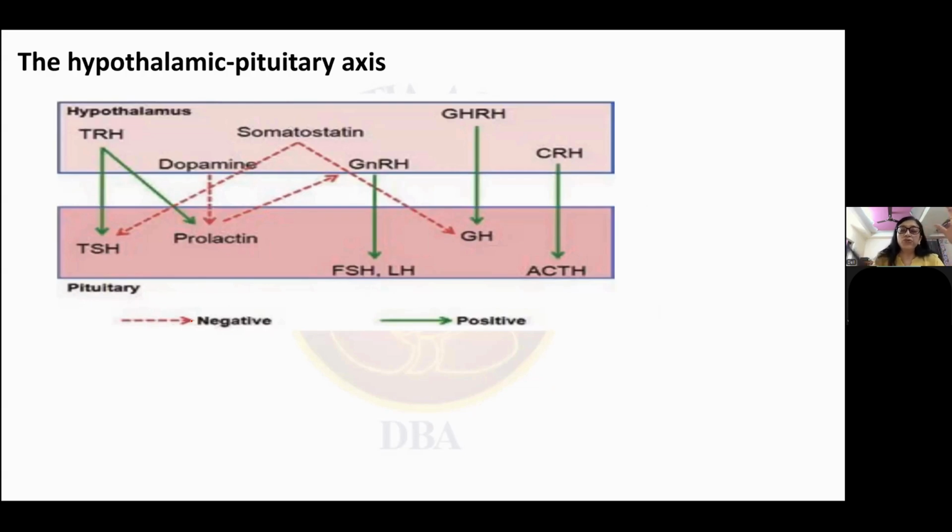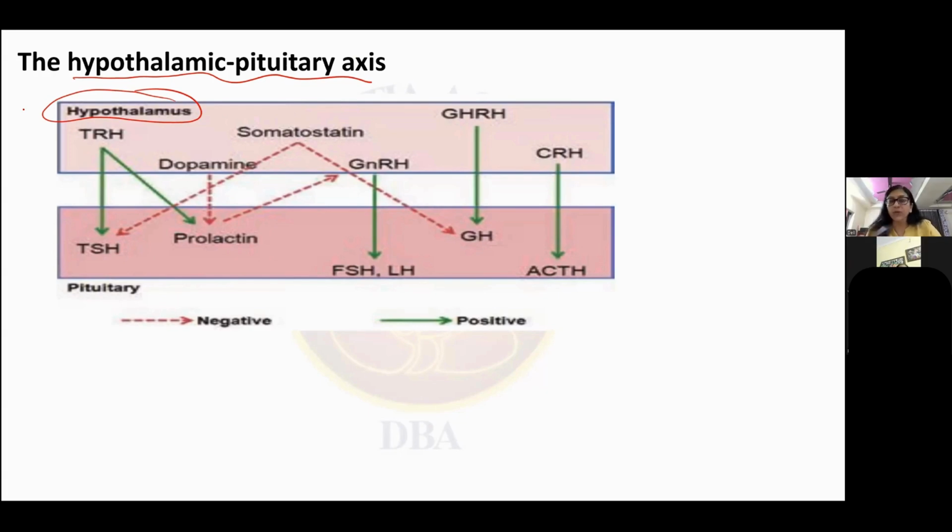Now the pituitary, along with the hypothalamus, orchestrates most of the hormonal functions of the human body, and that is why we call the pituitary the master gland. So we must understand the hypothalamic pituitary axis. Let us suppose this is the hypothalamus. Most of the releasing hormones and inhibitory hormones come from the hypothalamus.